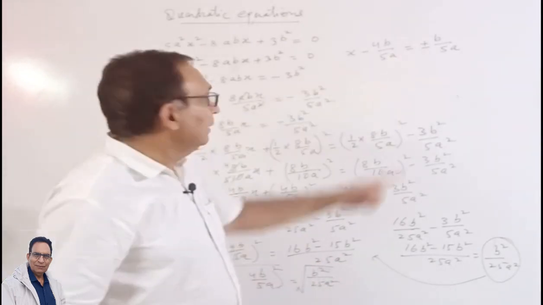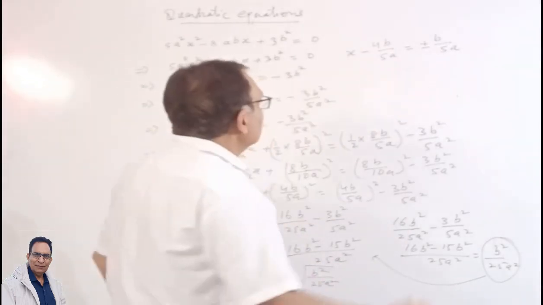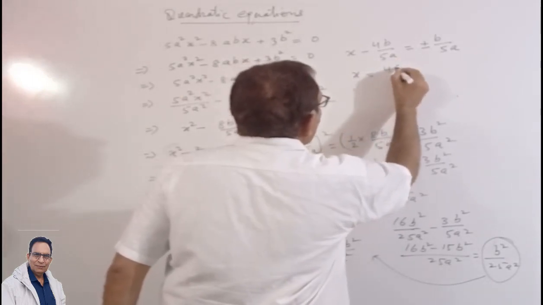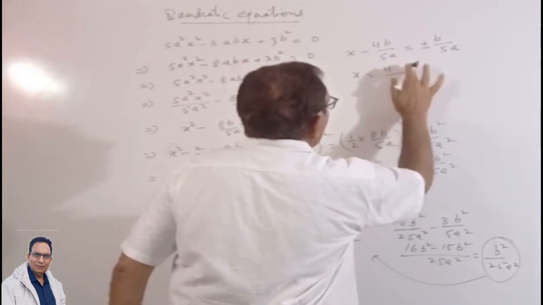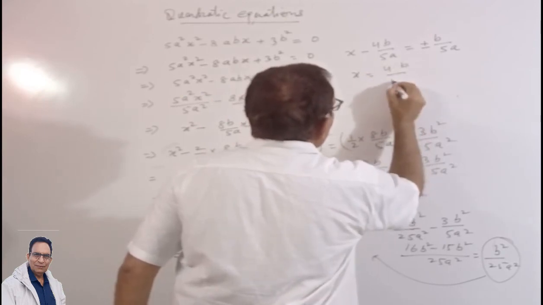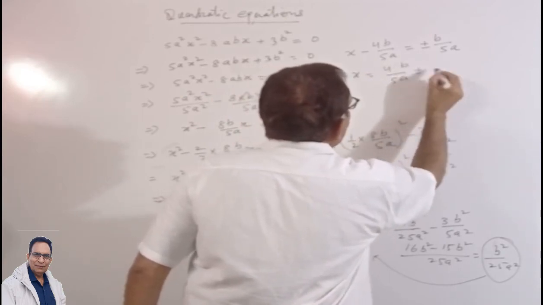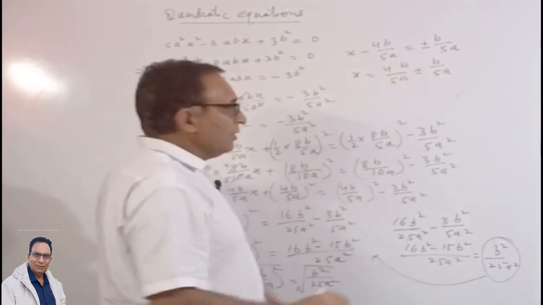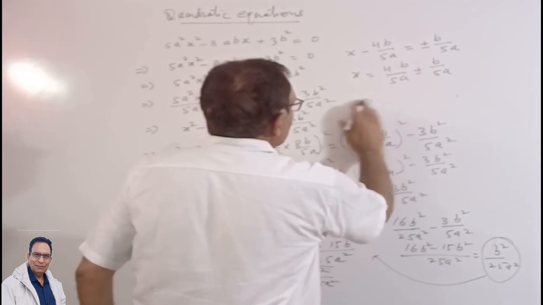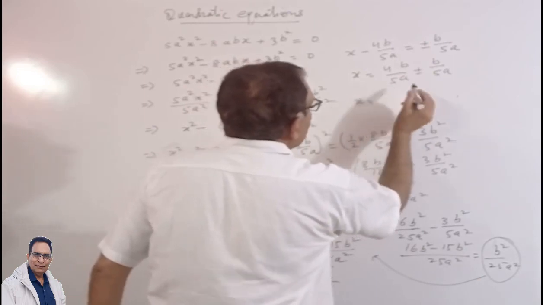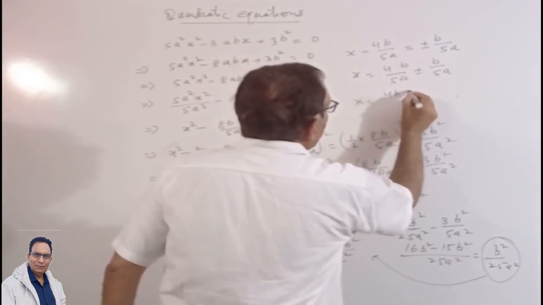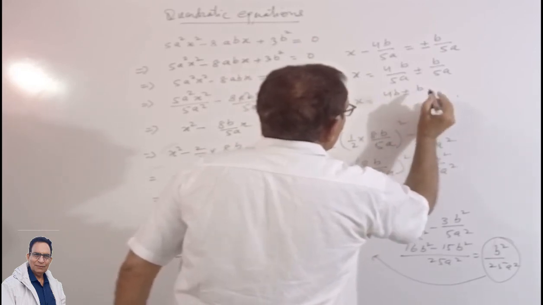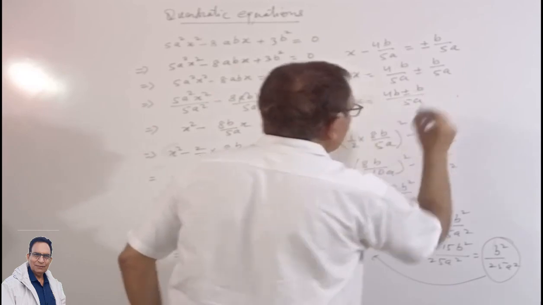Take this part to that side, you will be having x is equal to 4b over 5a plus minus b over 5a. 5a is the LCM, so x is coming to you 4b plus minus b over 5a.